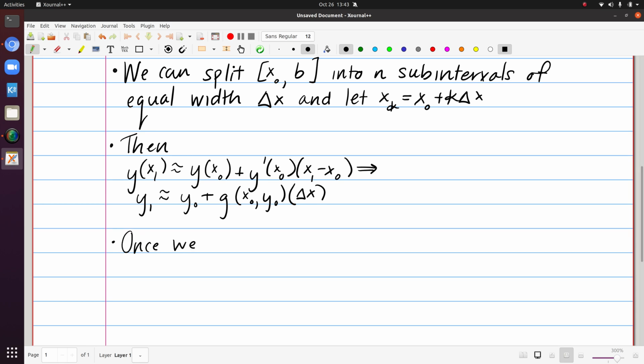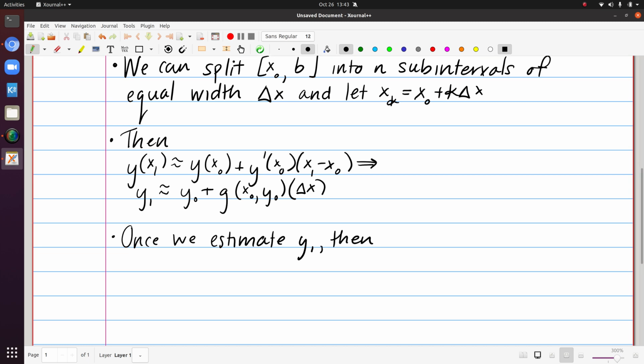Once we estimate y1, then we can use that to roughly estimate y2.